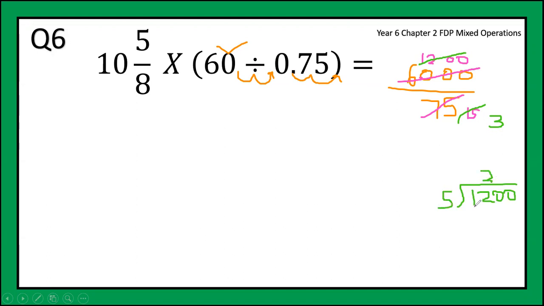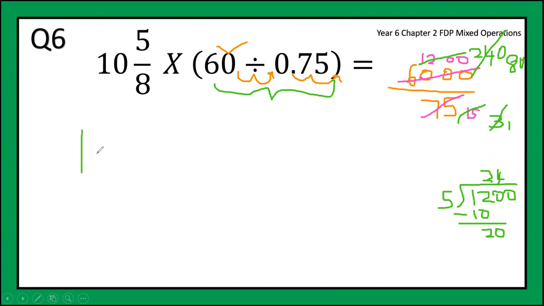So this is 2, this is 10. Bring down your 2 with a 0. This will be 4. So your answer is 240. And actually 240 can also be divided by 3, and that's going to be 80.